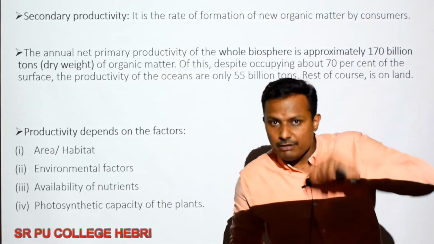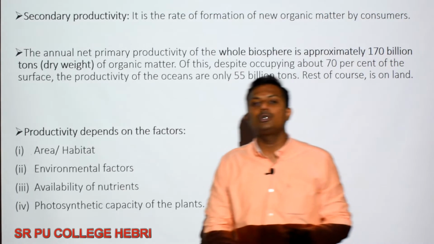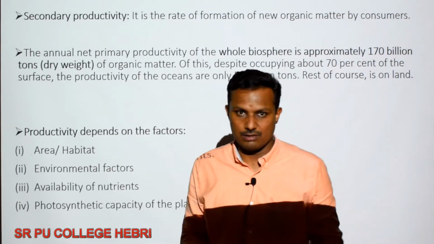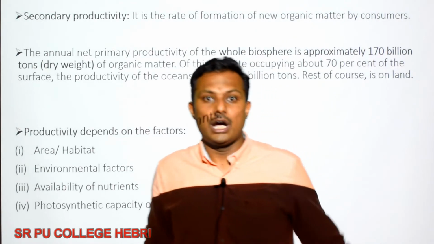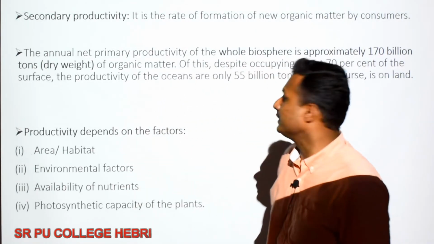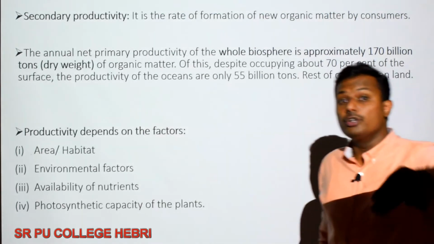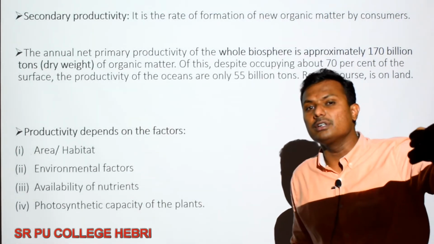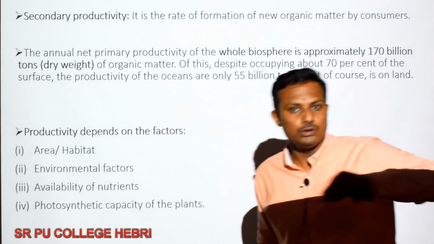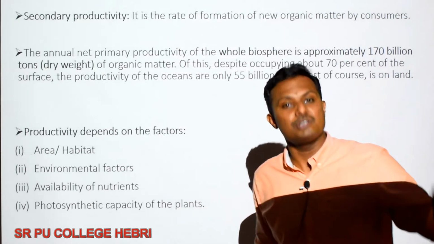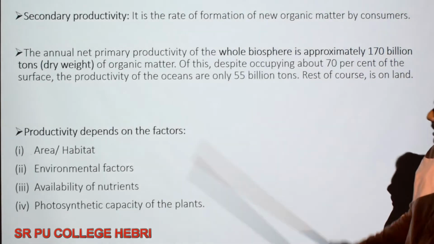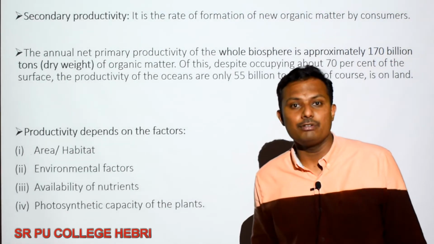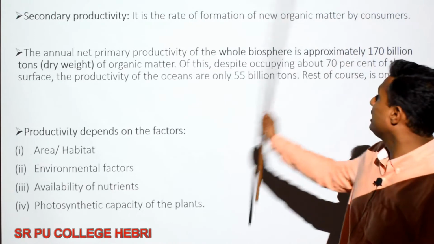And when we say entire biosphere, it does not only include the lithosphere, the earth surface, the water surface is also there, right? The hydrosphere is also there, not only lithosphere. Even though the oceanic surface on the earth is about 70%, the contribution of the oceans is very less, about 55 billion tons.